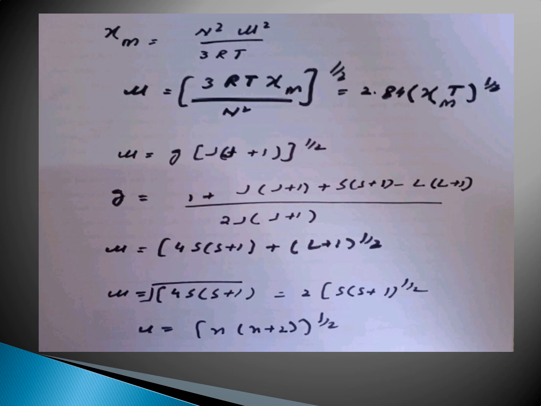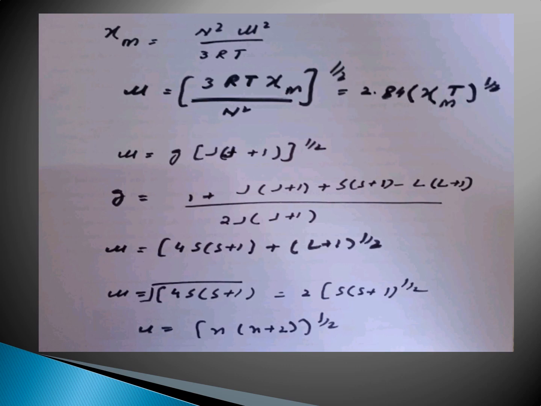Sometimes magnetic moment is due to both the spin moment and orbital moment, and magnetic moment is also sometimes only due to the spin moment.